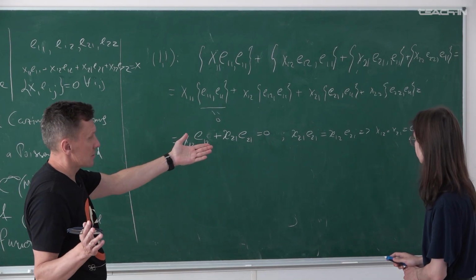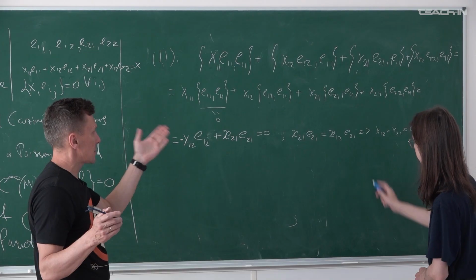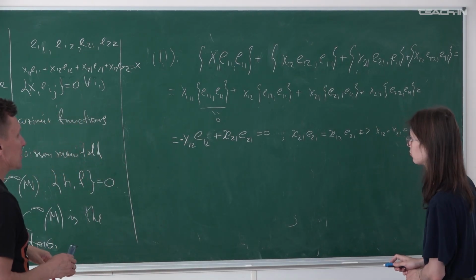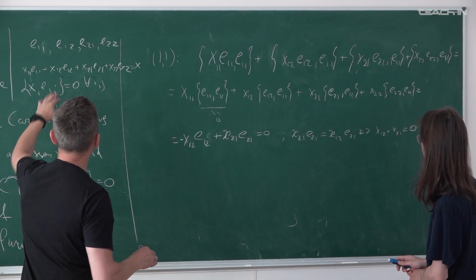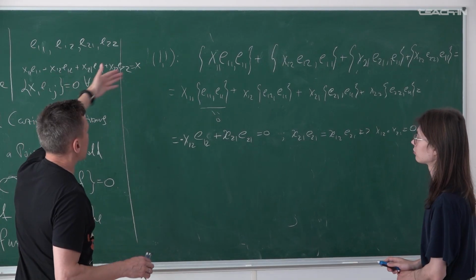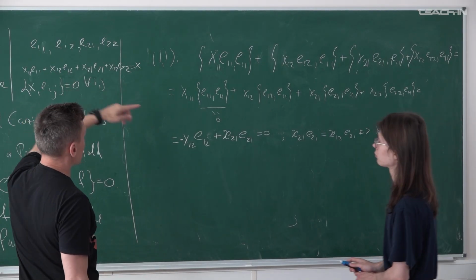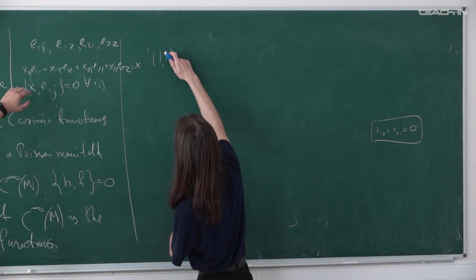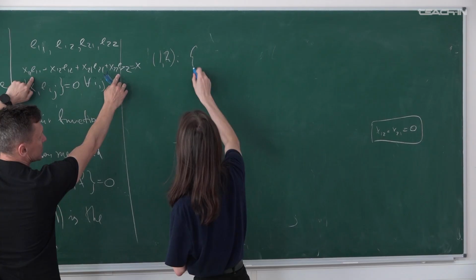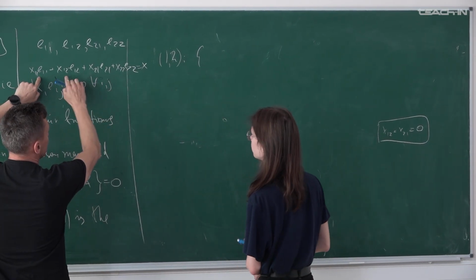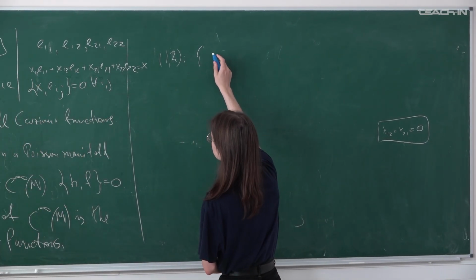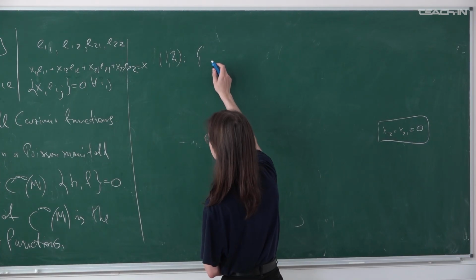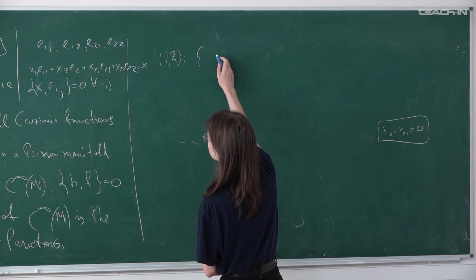That's much information about our central elements. Let us calculate the commutator with E12. It means that we consider only the diagonal elements.